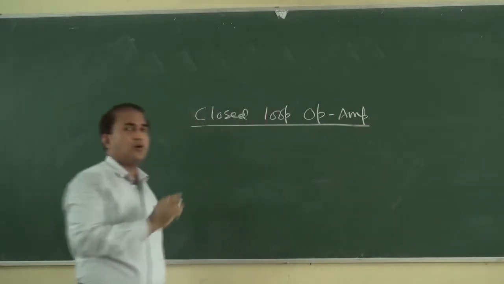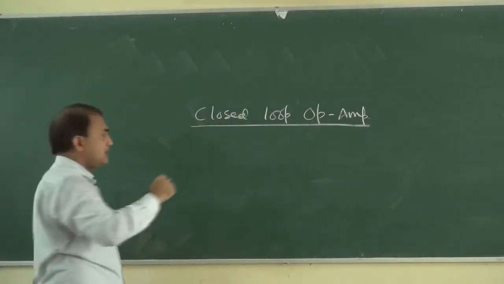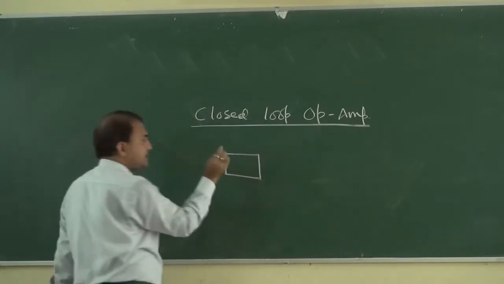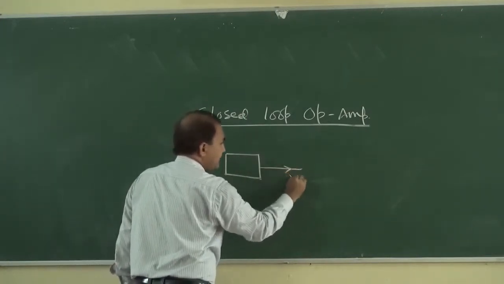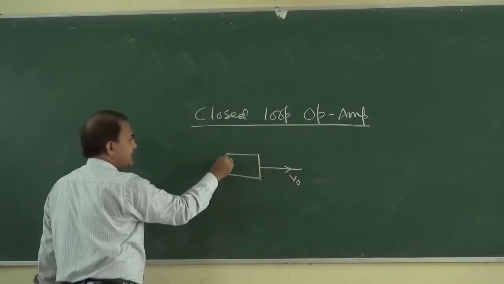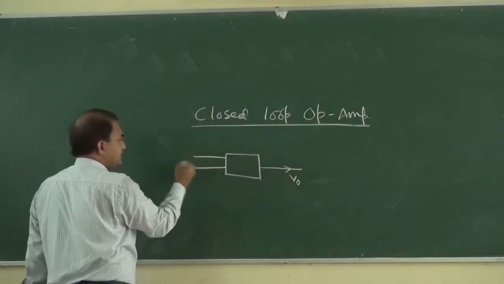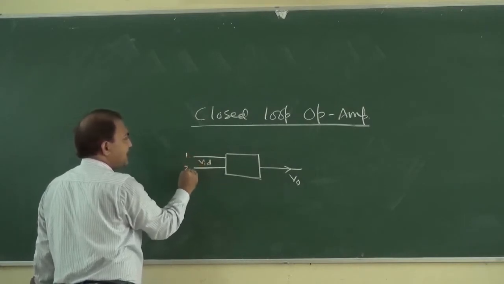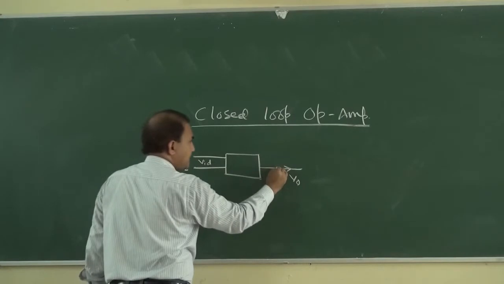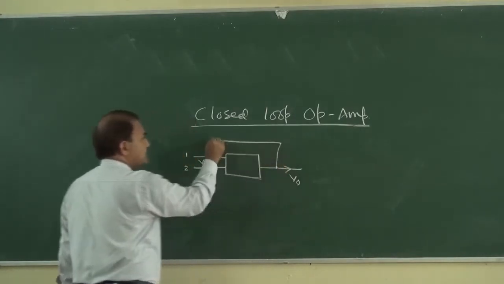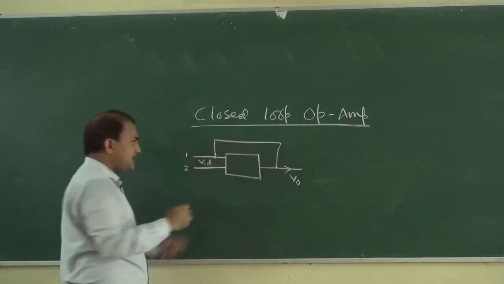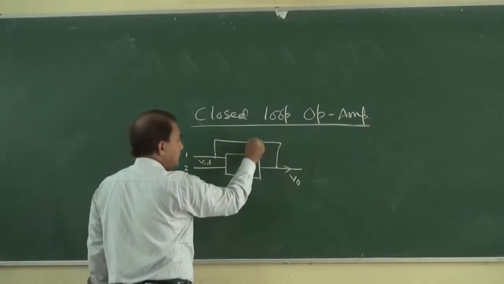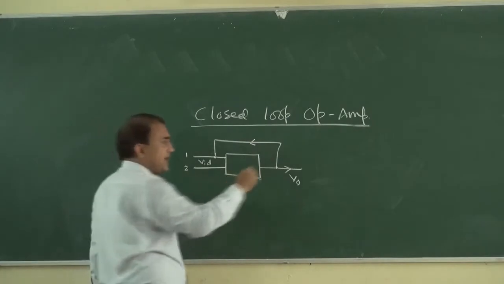So what is this closed loop operational amplifier? Suppose this is any operational amplifier circuit, this is V out, and this is VID, this is terminal 1 and terminal 2. Suppose some portion of V output is fed to the input, then this is known as feedback.